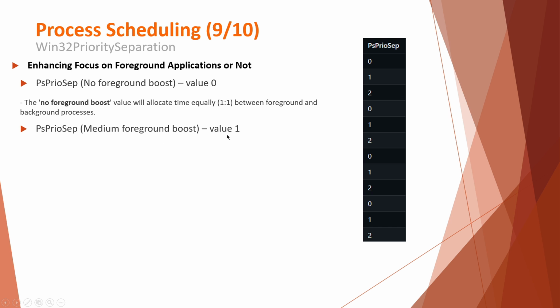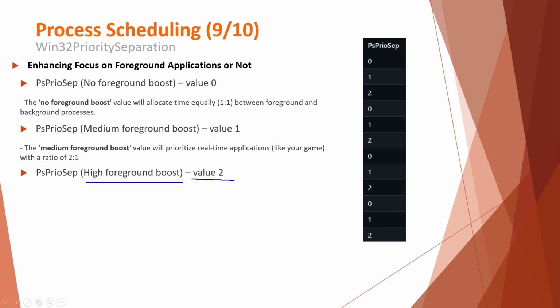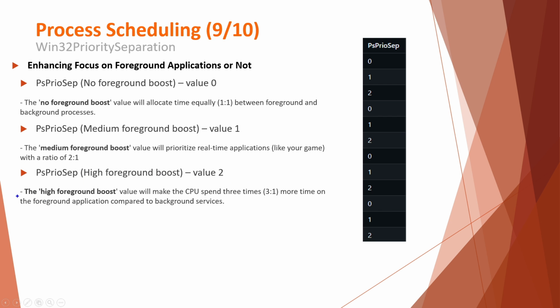The medium foreground boost, which has the value 1, will prioritize real-time applications like your game with a ratio of 2 by 1. So it will give double time to your real-time application than the background process. And if we select high foreground boost, which has the value 2, the CPU will spend 3 by 1 more time on the foreground application compared to background services.